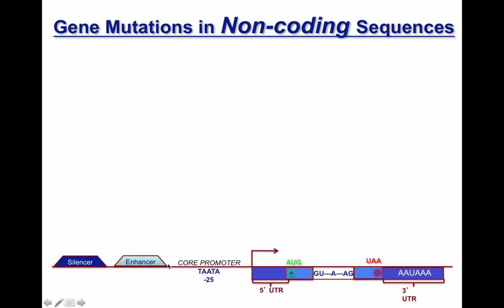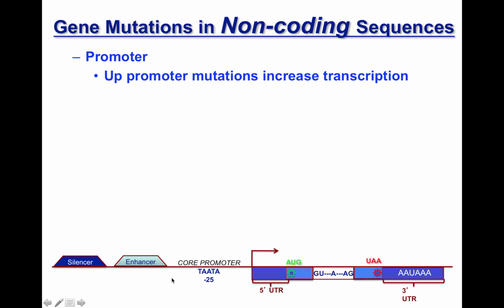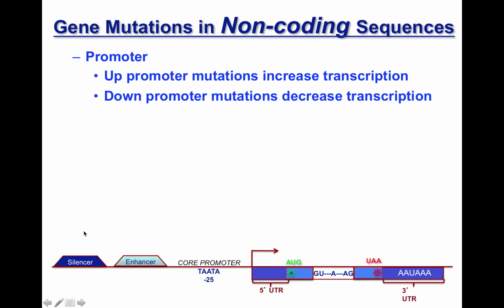What happens if you mutate some of these sequences that are not in the coding region? This is just the coding region here. You have a lot of other nucleotides in this gene that could be mutated. What are the consequences of those? If you mutate the promoter region, the core promoter, you can have up mutations that increase transcription or down promoter mutations that decrease transcription. You can have splice junction mutations in eukaryotes. You can mutate the sequences here, but also other sequences that aid the splicing machinery to find the GU and the AG and the A in the middle.